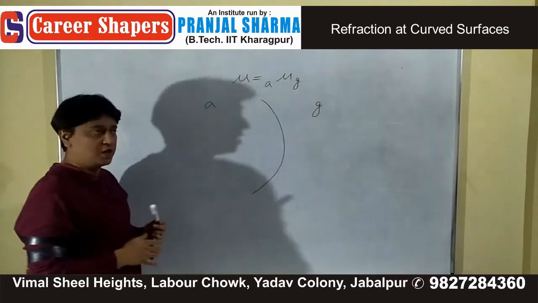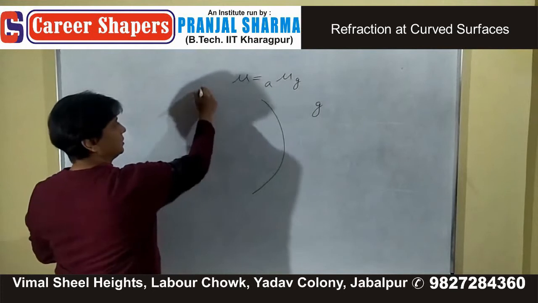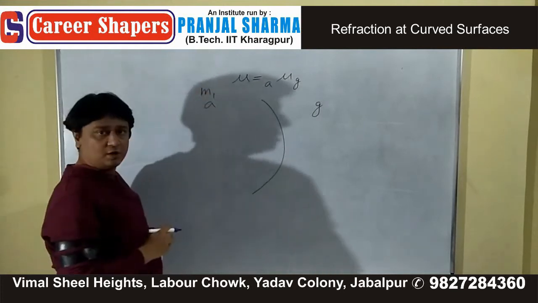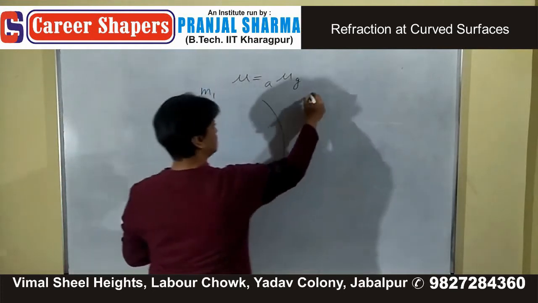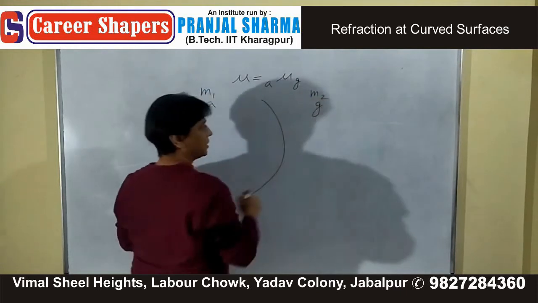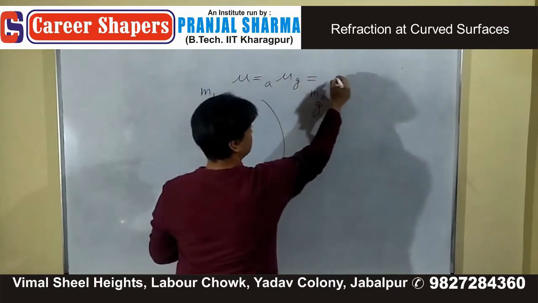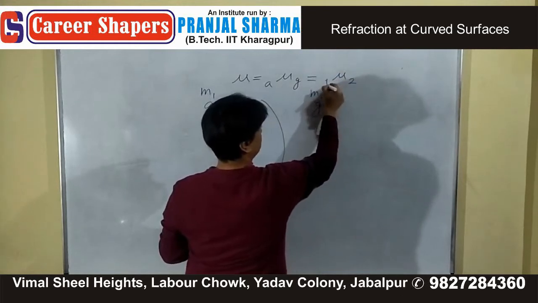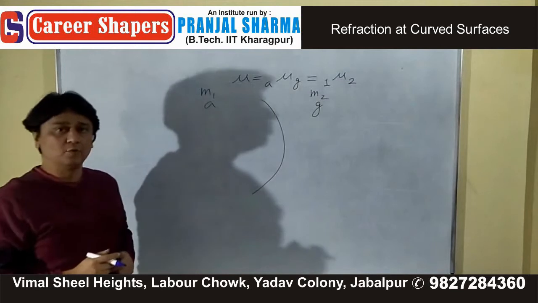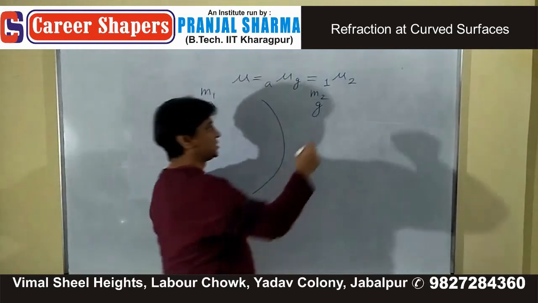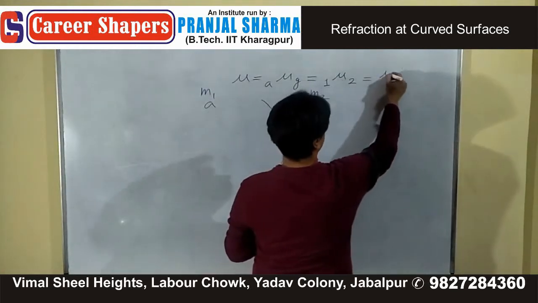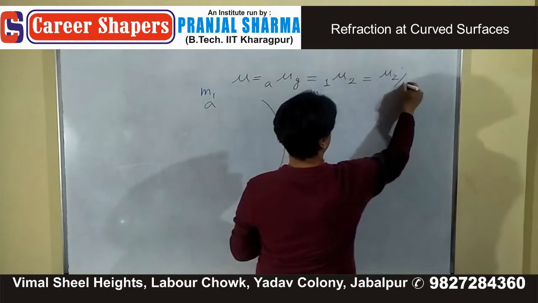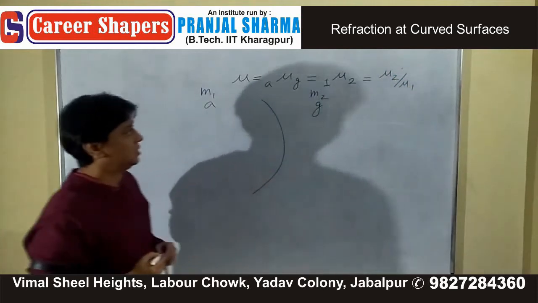But if they give you the left side as medium 1 and the right side as medium 2, then you can simply say this is the refractive index of medium 2 with respect to medium 1, which is nothing but mu 2 divided by mu 1.